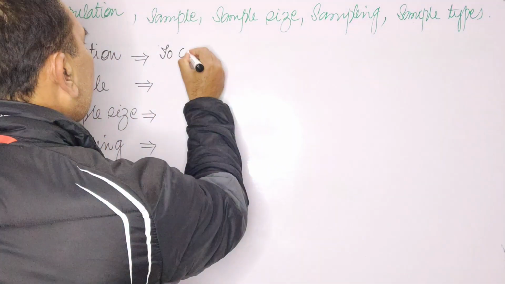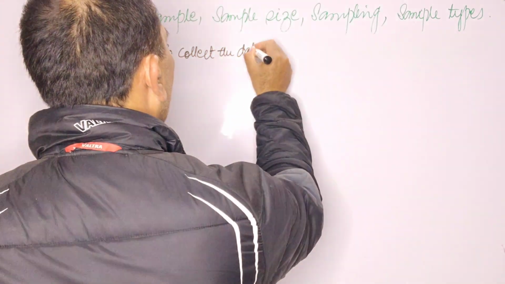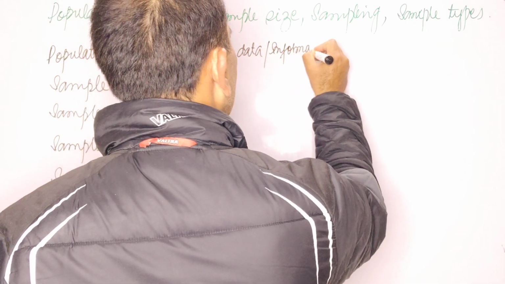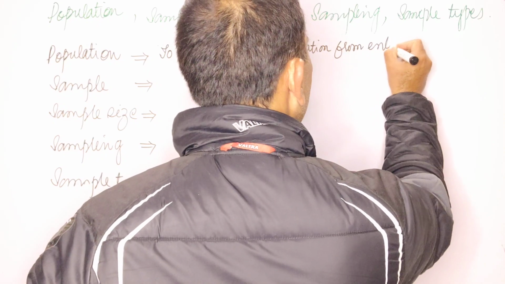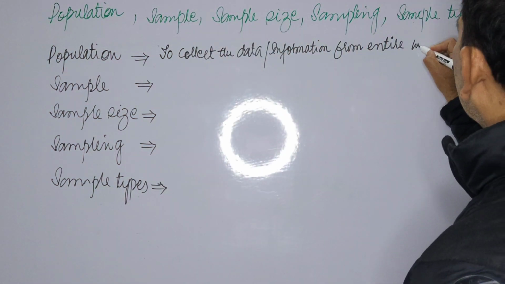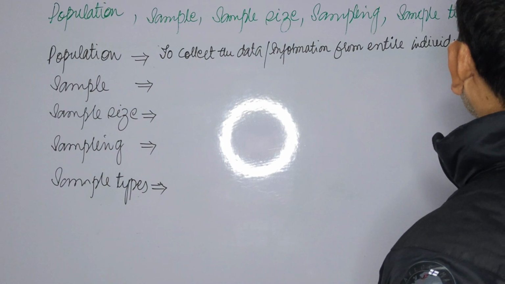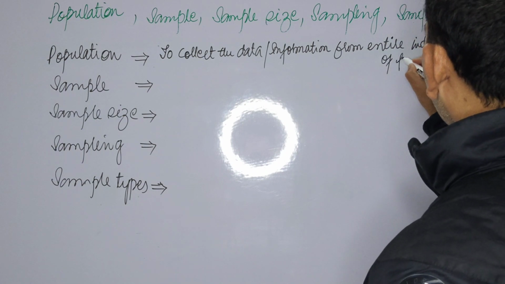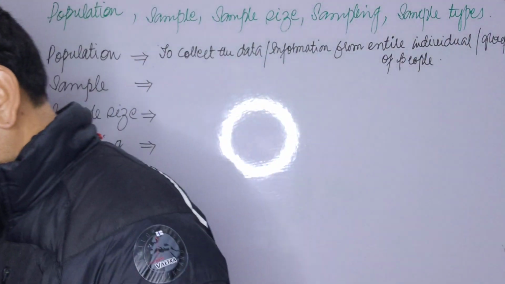To collect the data or information from the entire individuals or groups of people, it's called the population.